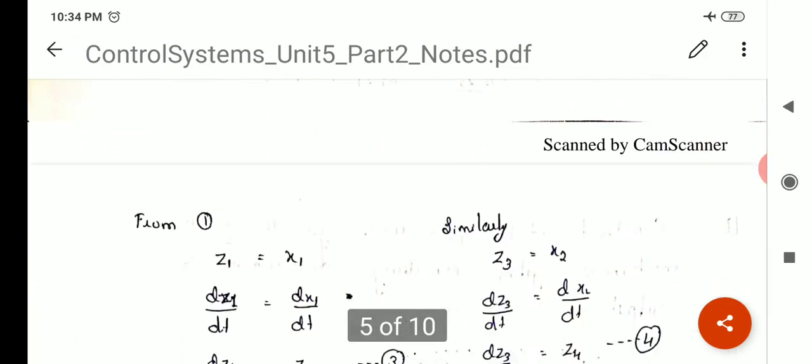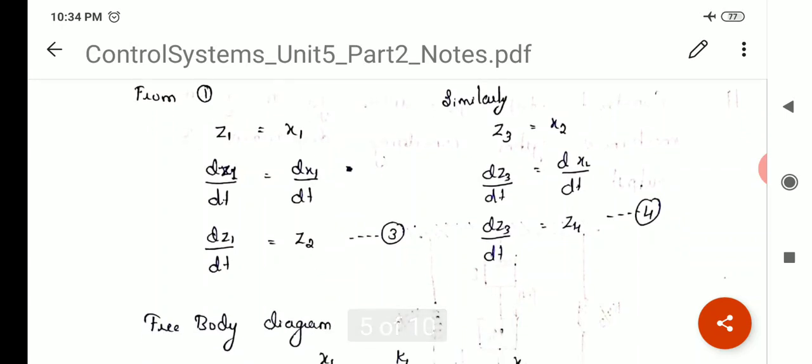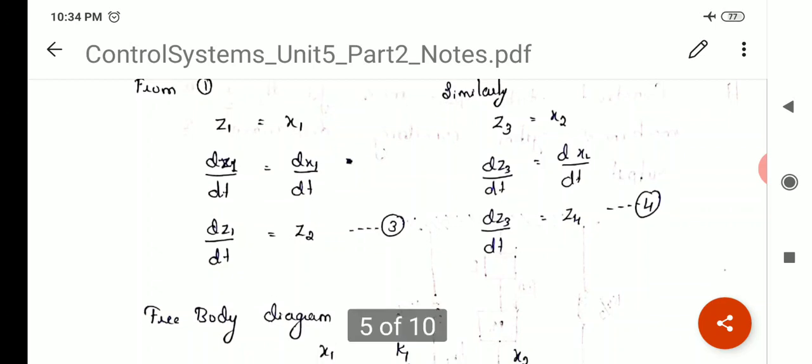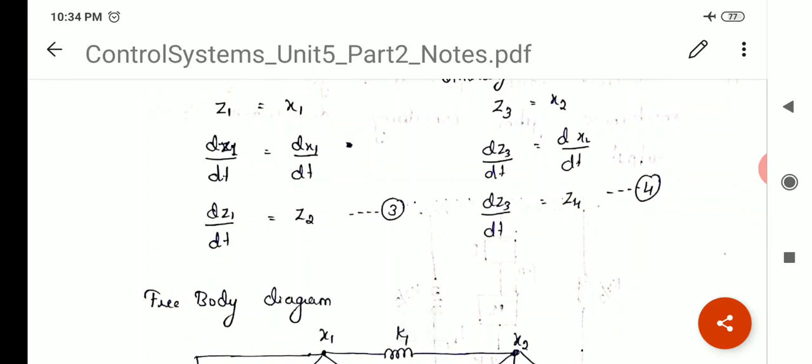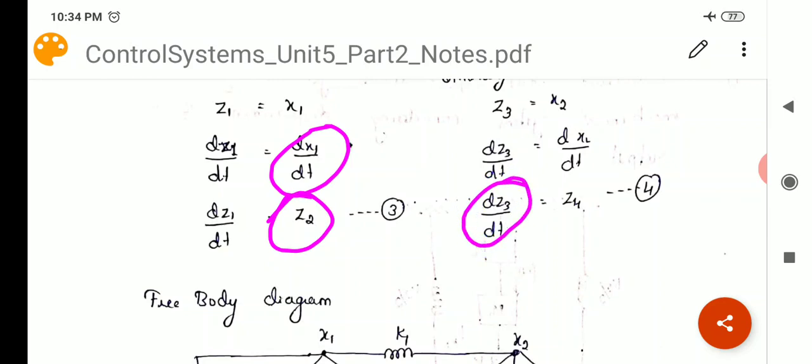Next, here I am keeping some more variables ready because they are required further. So z1 is taken as x1. The first differentiation of that, dx1 by dt, is dz1 by dt, and dx1 by dt is nothing but z2. So therefore the first differentiation of z1 is nothing but z2. Similarly, the first differentiation of z3 is nothing but z4. Now why is it required?